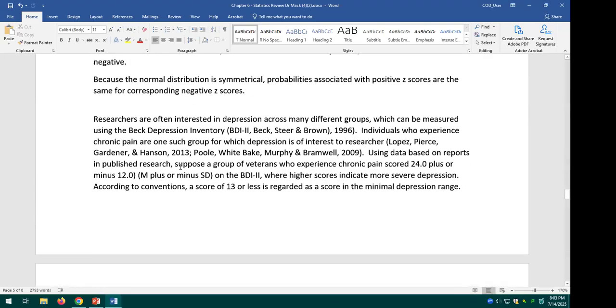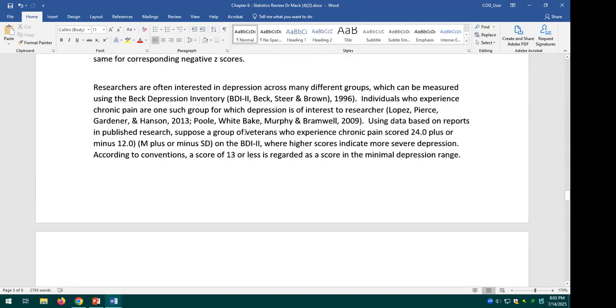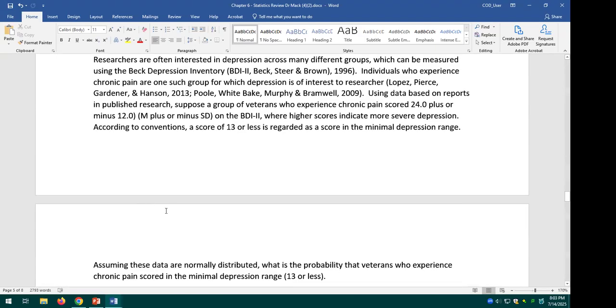Researchers are often interested in depression across many different groups, which can be measured using the Beck Depression Inventory. Individuals who experience chronic pain are one such group for which depression is of interest to the researcher. Using data based on reports and published research, suppose a group of veterans experience a chronic pain score of 24.0 plus or minus 12 on the BDI-2, where higher scores indicate more severe depression.